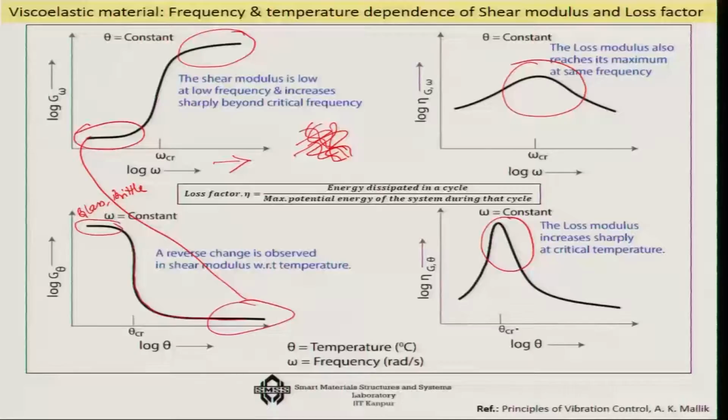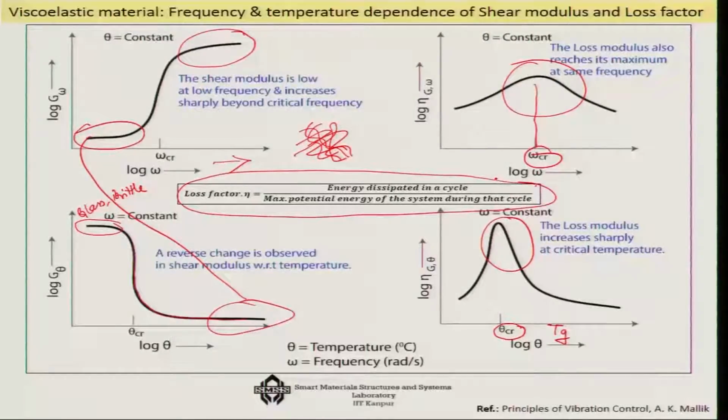For temperature, we call it theta critical, which is your glass transition temperature, some people call it Tg, and for frequency you call it a critical frequency omega Cr, where you will be able to see this kind of phenomenon. So, you can do this exercise with this model. Try to use the earlier definition of eta, which is the energy dissipated in a cycle over the maximum potential energy of the system during the cycle, and you will get an expression of E star, which will conform to this expression as well.